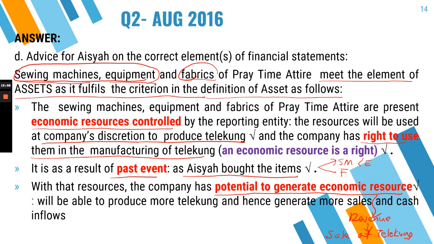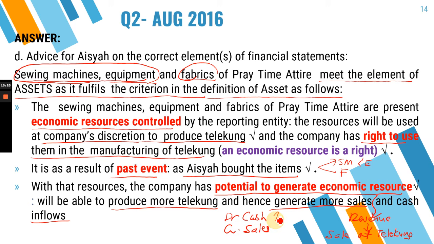The resources will be able to produce more telekung using the sewing machine and using the fabric. You cannot turn fabric into telekung perhaps without the sewing machine, and therefore that will generate more sales and more cash inflow, because when you sell goods on a cash basis, debit cash, credit sales.